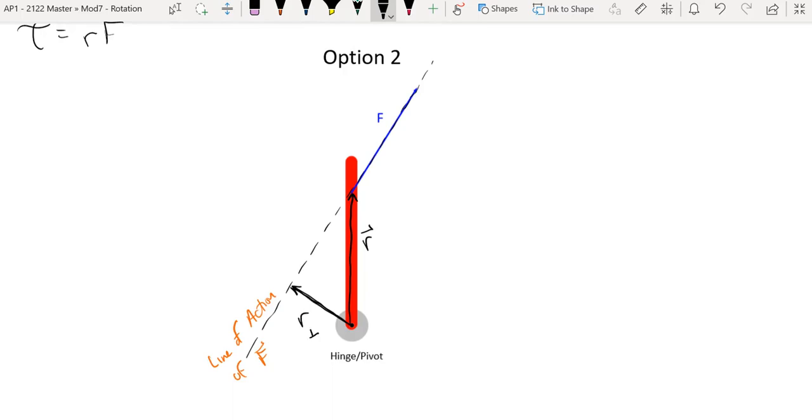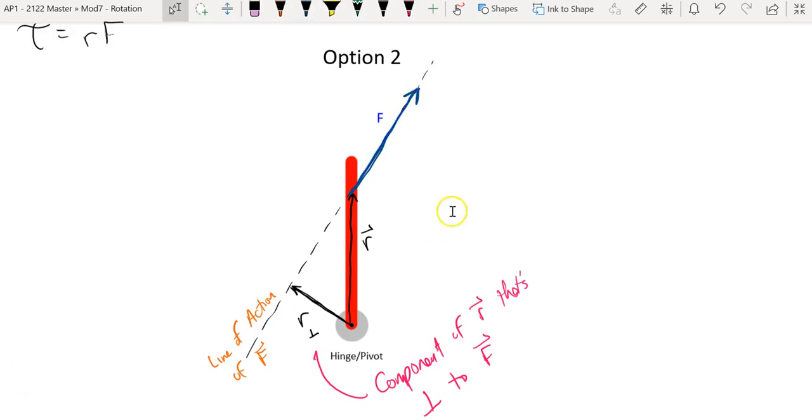It's the component of vector R that's perpendicular to force F. And so what this is saying is that this whole force acts right there.